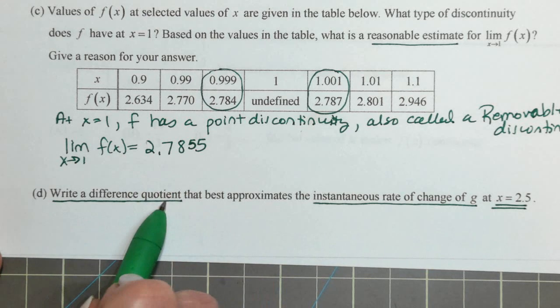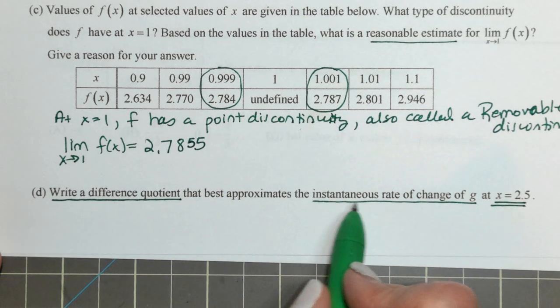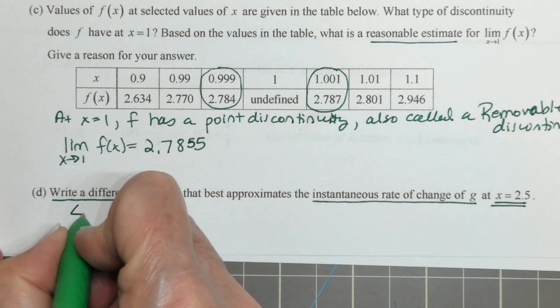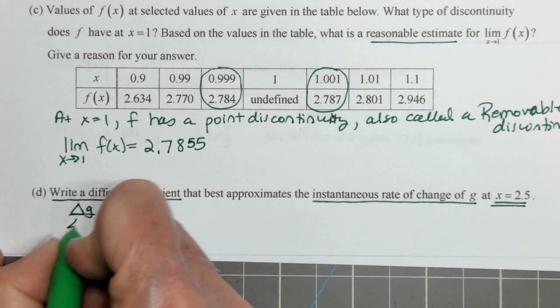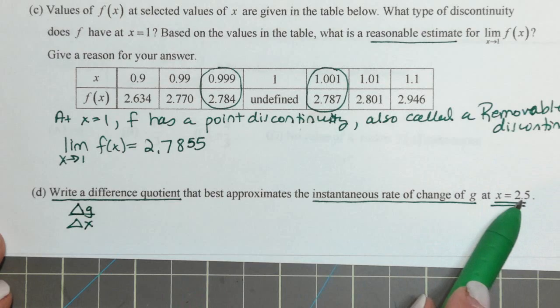A quotient with a minus sign on top and bottom. If we want to estimate the instant rate of change of g at 2.5, I'm thinking change in g over change in x at two surrounding x values to 2.5.